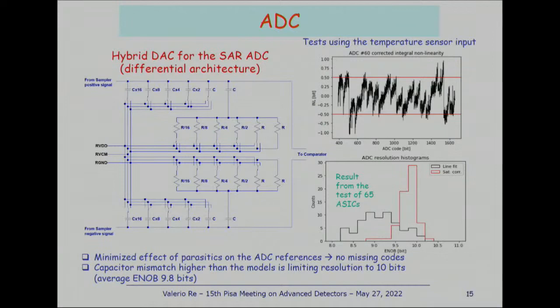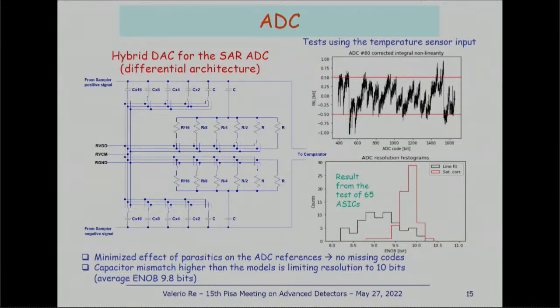And then we have finally the ADC, which is based on a hybrid digital to analog converter in a successive approximation architecture. So this means that this DAC is divided into a resistive section and a capacitive section to optimize linearity and matching between components and the total area of the circuit.